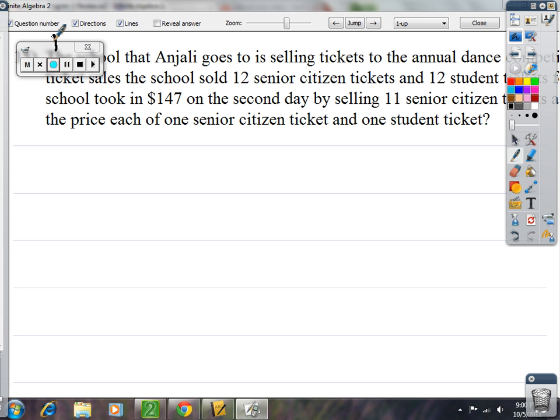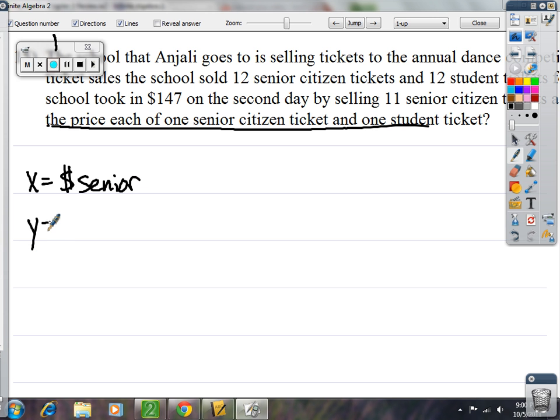They sold 11 senior citizen and 3 student tickets. So this part right here, some of it's cut off, but hopefully you're looking at one in your hand. This is your X and your Y. What is the price of each senior citizen and each student ticket? So I'm going to say X equals the cost of senior citizen, and Y equals the cost of my student.